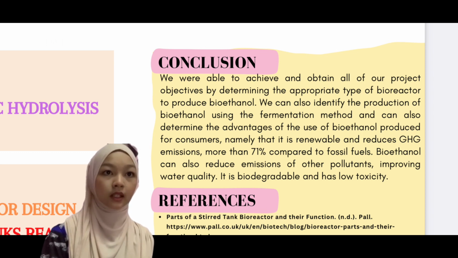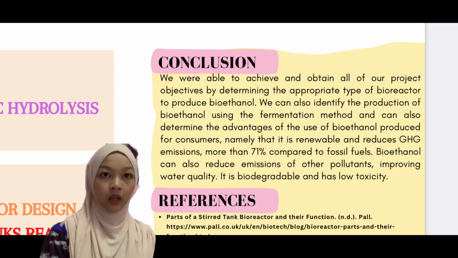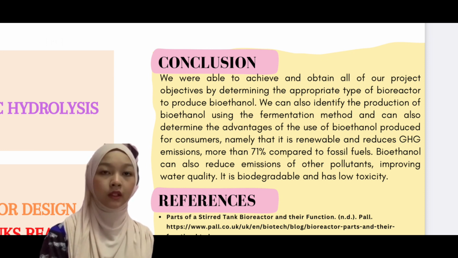Namely, that it is renewable and reduces GHG emissions by more than 71% compared to fossil fuels. Bioethanol can also reduce emission of other pollutants, improving water quality. It is biodegradable and has low toxicity.